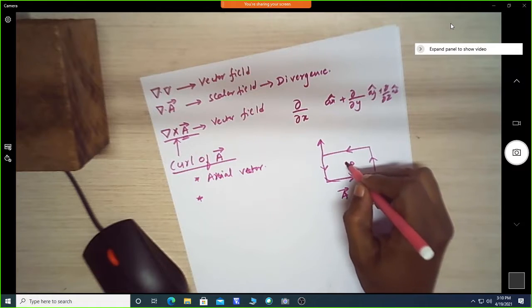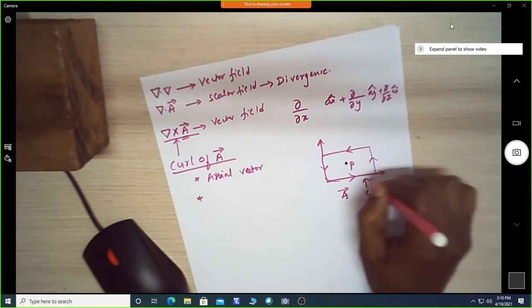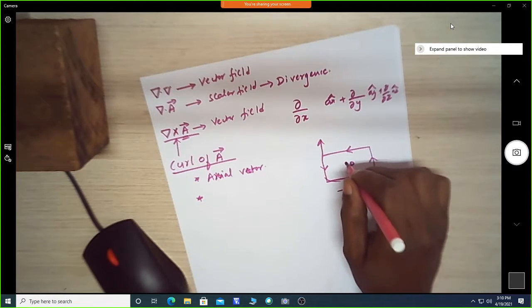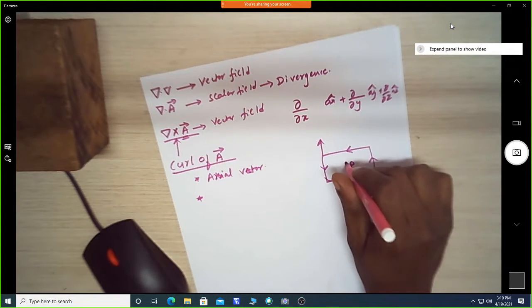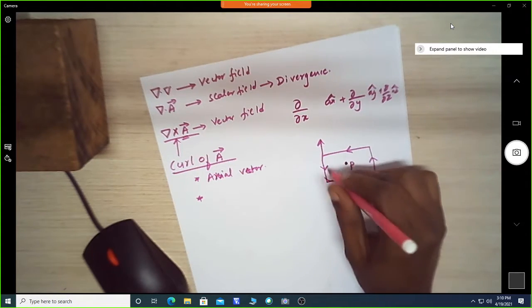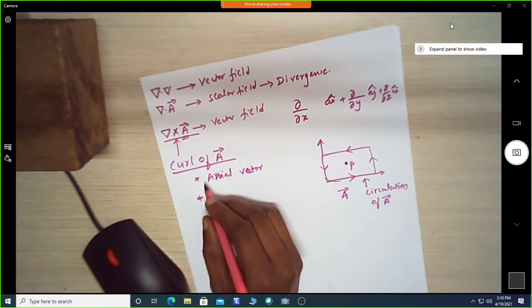When the circulation becomes maximum, the direction of the vector is normal to this surface. So this is how we define the curl of A.